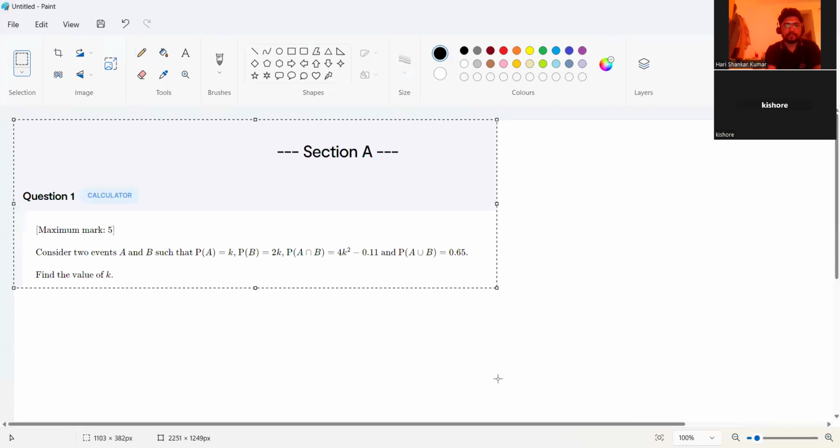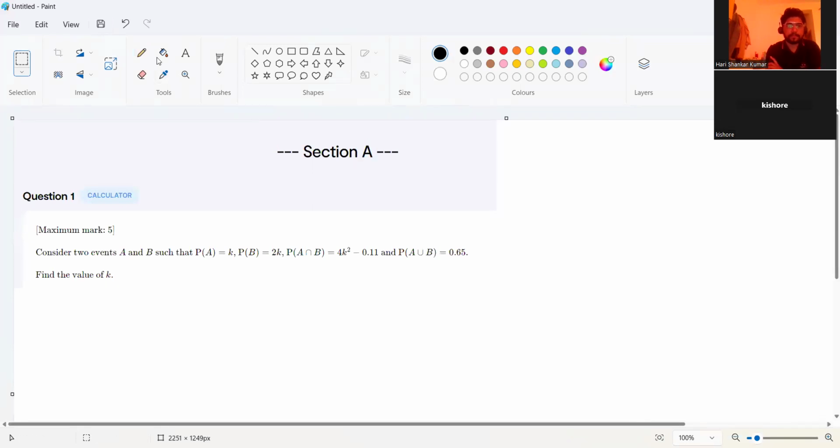The first question from section A, based on probability.